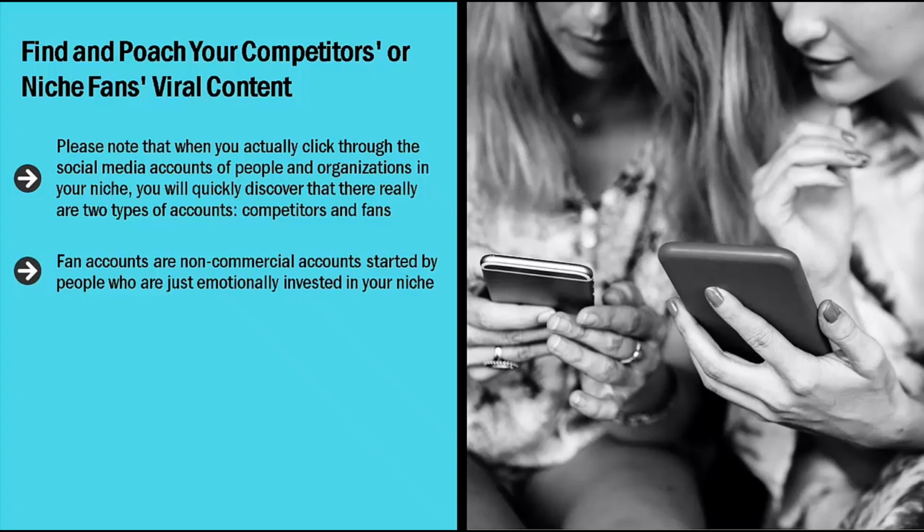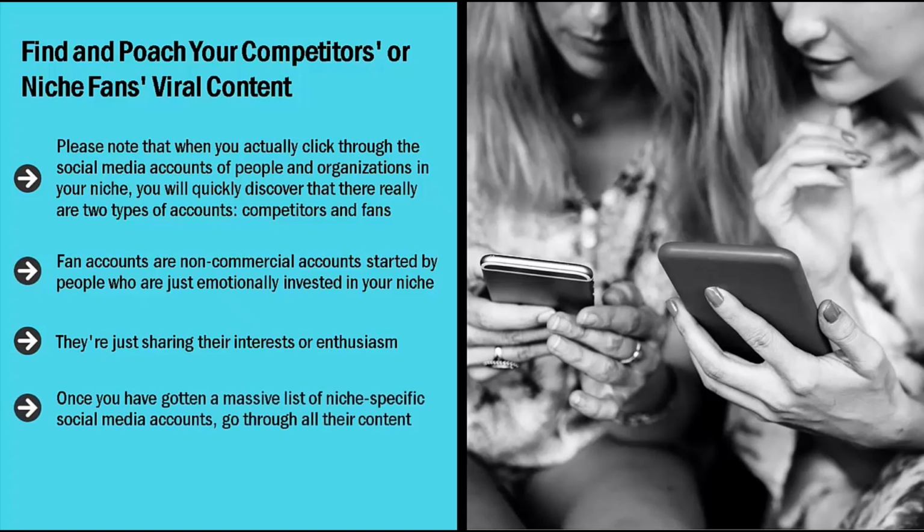For example, if you are promoting dog training online courses, you might be able to retrieve a large list of puppy training social media accounts. When you look at their content, it's obvious that they're not really doing this for money. They're just sharing their interests or enthusiasm. These are fan accounts. You need to gather a big list of these as well.